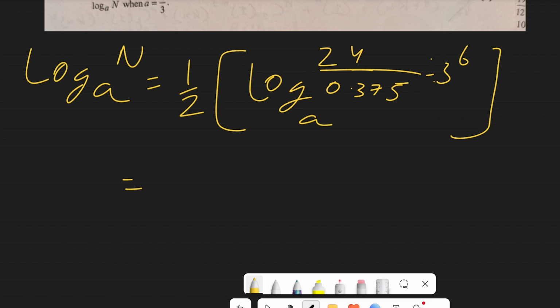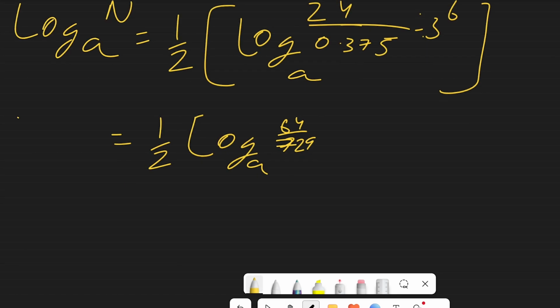First we need to see that. 3 power 6 is 729. 64 over 729. So 1 over 2 times log of 64 over 729 to the base a is equal to log of n to the base a.